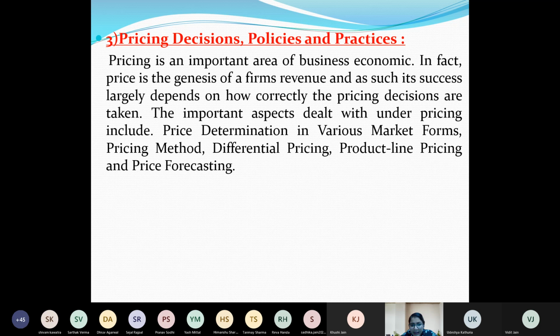So the same thing I have been discussing, right? How you can do it: market-based pricing method, differential pricing. Differential pricing means the price for different places is different, right? Many times you can see that for some product, it is written that the price of the product in Delhi NCR is different, and the price of the same product in other parts of India other than Delhi is different. Why is it made, right?